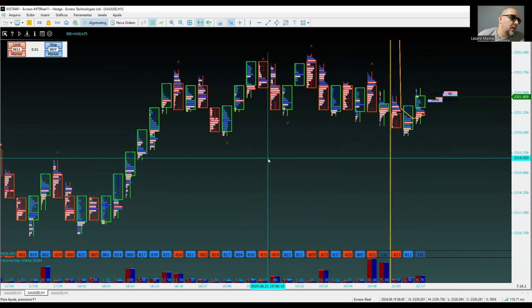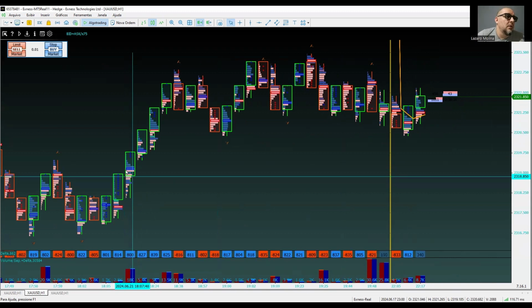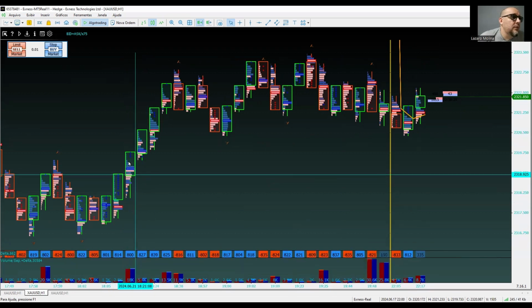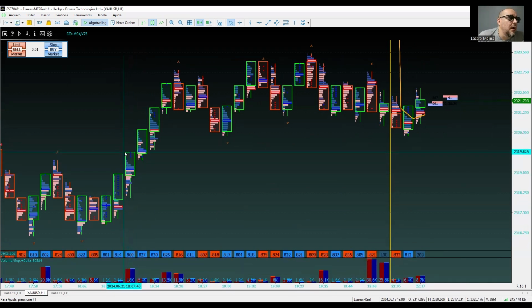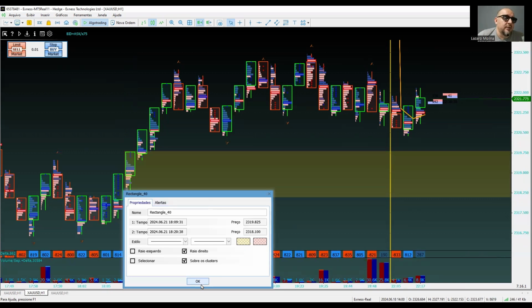And I use these clusters to see where is the greater interest in negotiation. So here is a point that I can use as a reference.